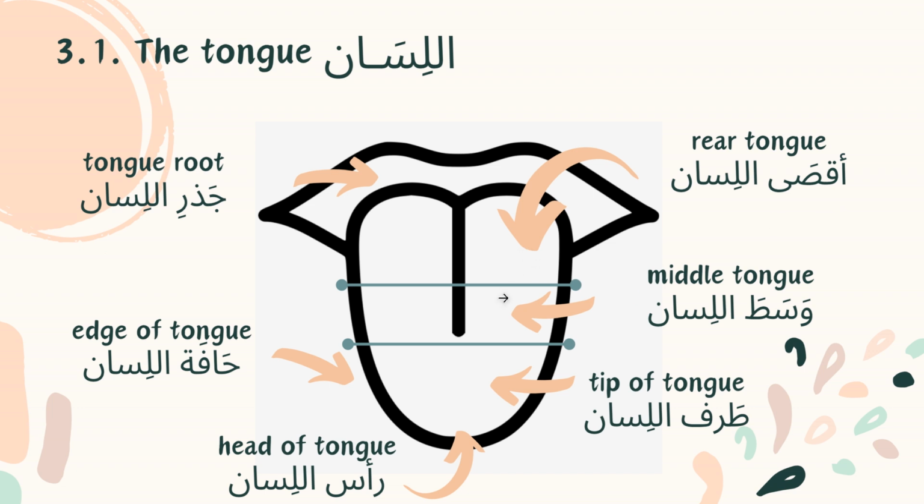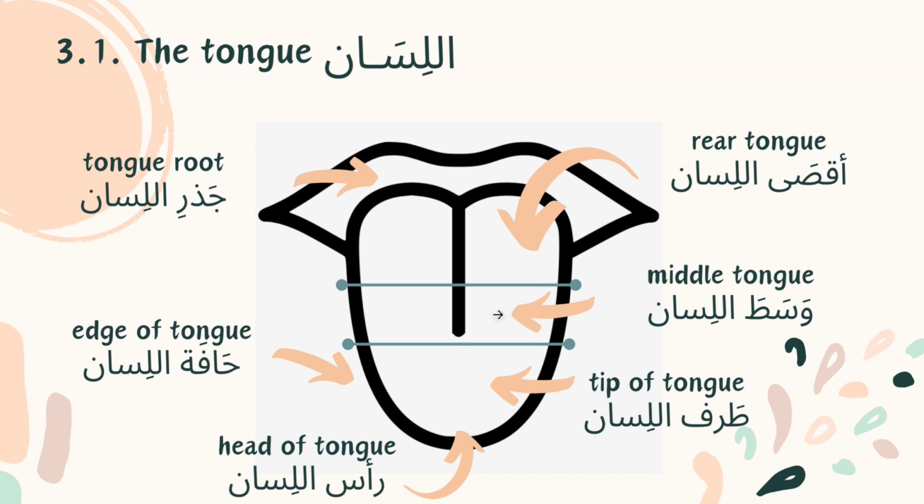The tongue is also divided into 3 parts. Aqsa lisan, wast lisan, and tarf lisan. And I think we just heard these words before. Aqsa al-halq, which is the furthermost part. And here we are using another word, the rear tongue. Okay, so this is the deepest part of the tongue from the lips.